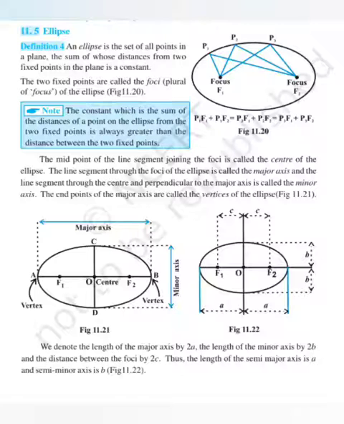Let the two fixed points be F1 and F2. Let P1, P2 and P3 be any three points on the ellipse.